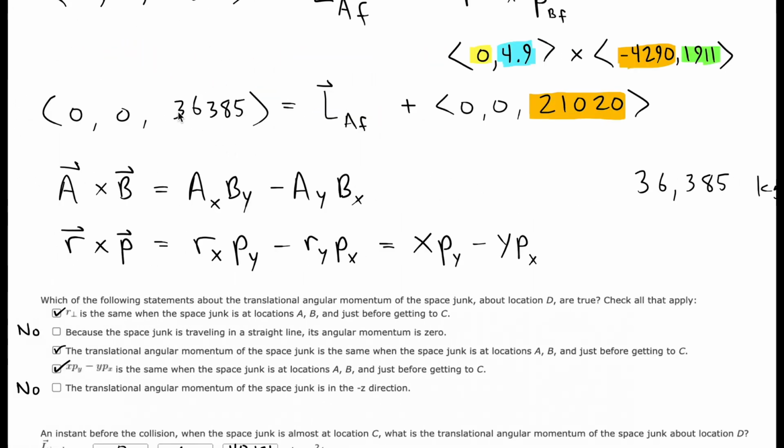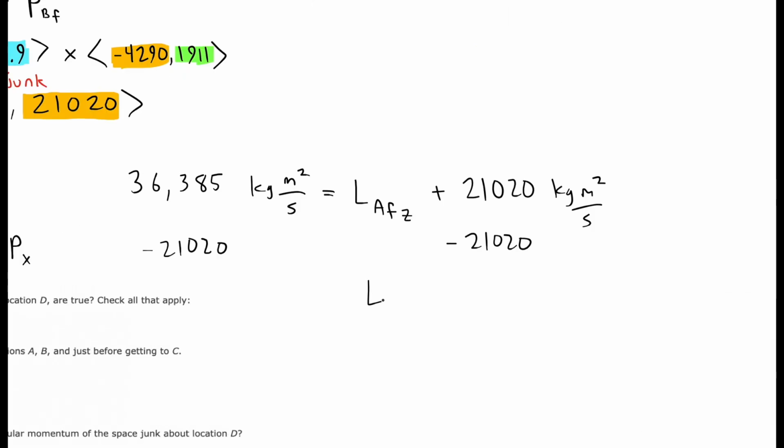The way I'll find that is by letting the sum of initial angular momentum equal the sum of the final angular momentum, where this was just the junk, and this was the angular momentum of the satellite, which is unknown. I get 15,362 kilogram meters squared per second, and that is for the satellite.